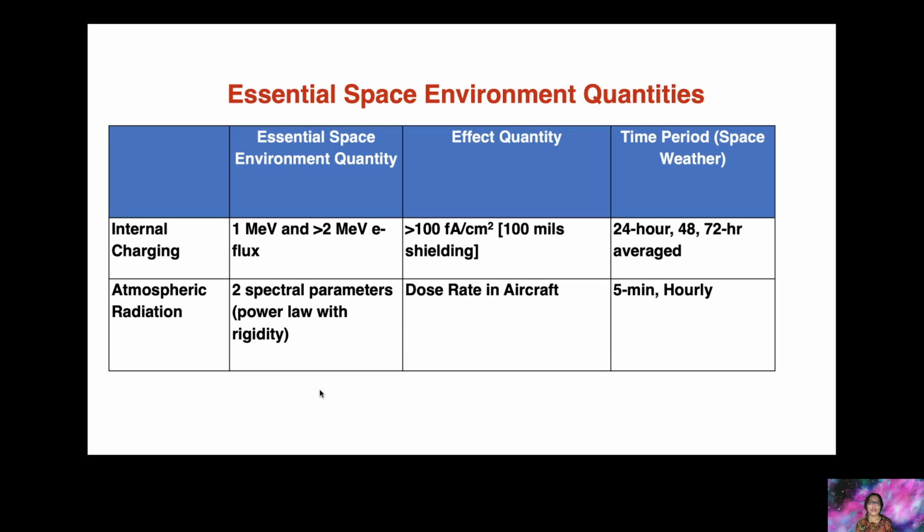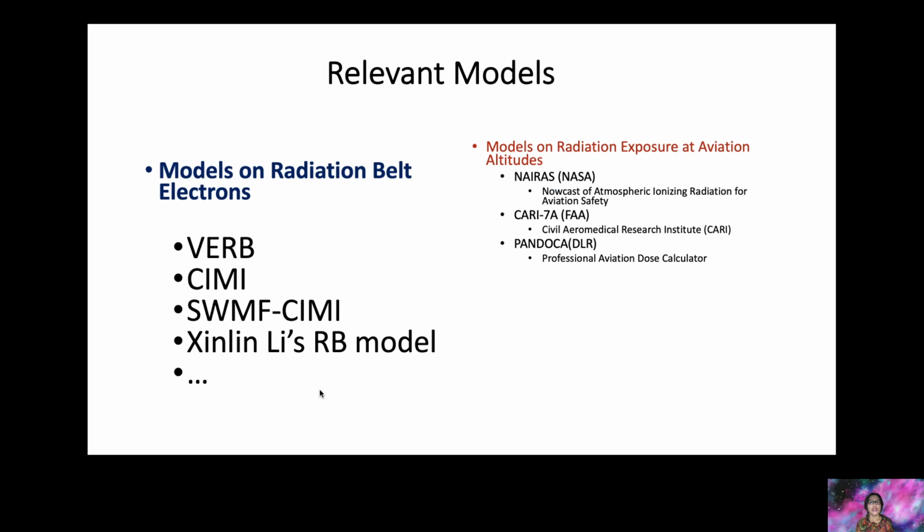And for the radiation effect at aviation altitudes, the essential environment quantities are the spectral parameter, the dose rate, and so on. The time period of interest is also given here.